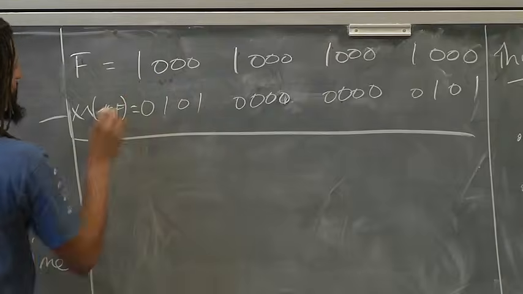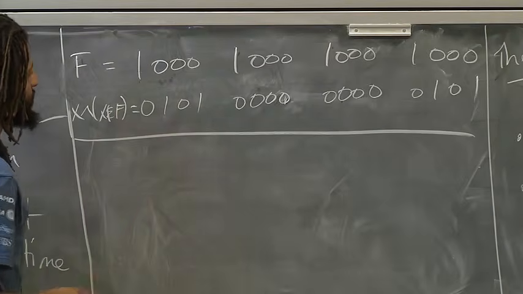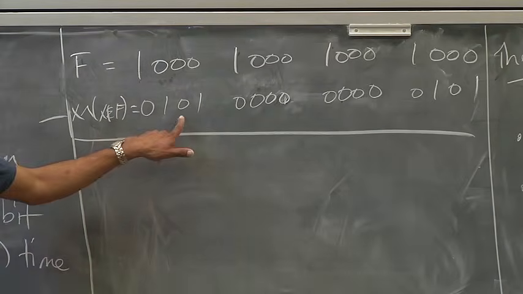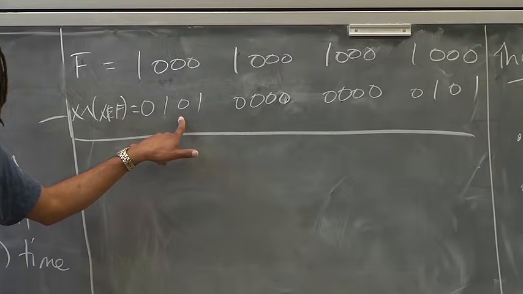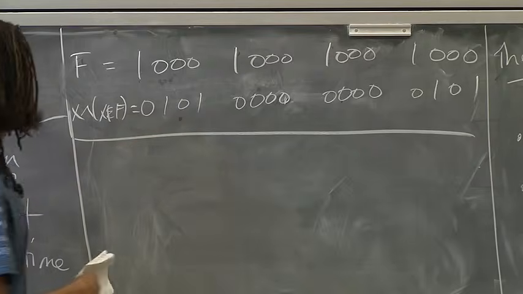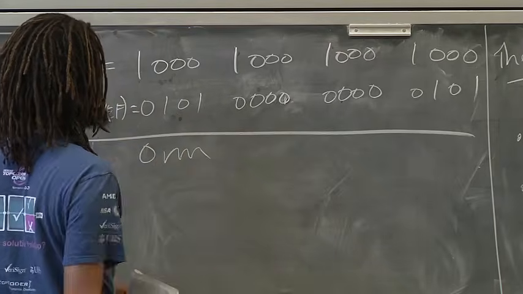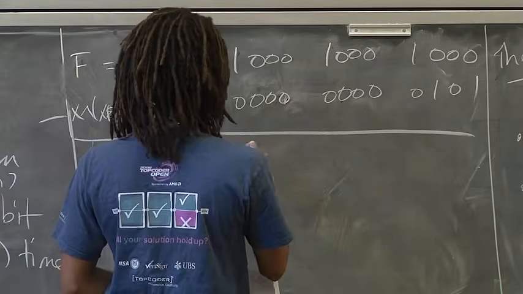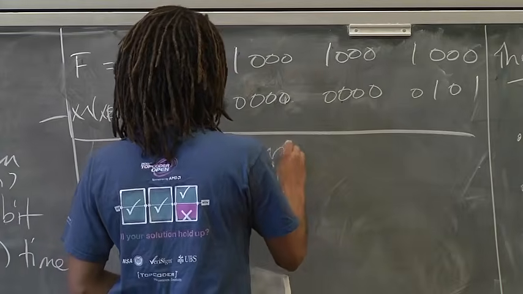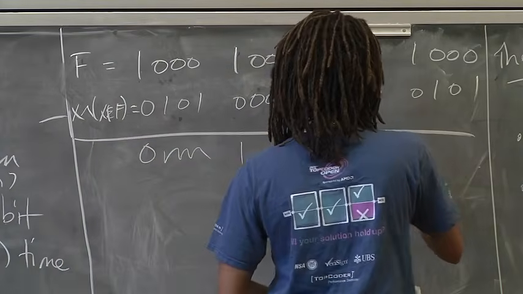So the cases where this 1 gets borrowed are exactly the cases where the block is non-zero. If the block is non-zero, it gets borrowed. So here it will get borrowed, and it'll have 0 times some junk we don't care about. Here it doesn't get borrowed because it's empty, so we have 1 and some junk, 1 and some junk, 0 and some junk.